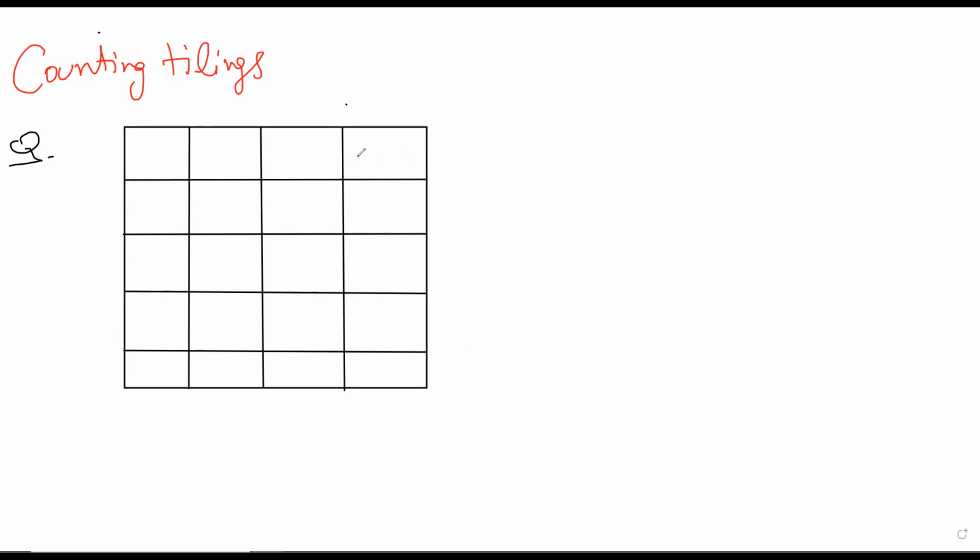But that will not matter in the answer, right? The dominoes are like this, and you can flip them. So how many ways to tile?